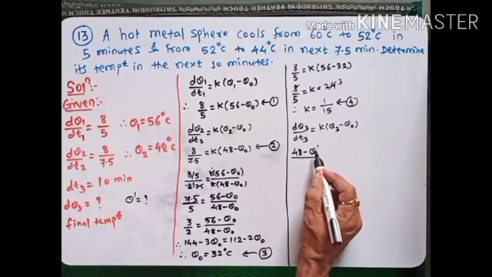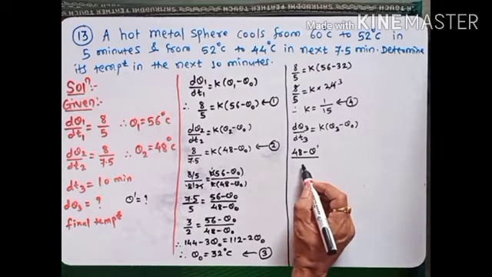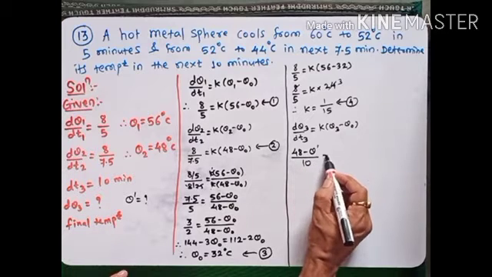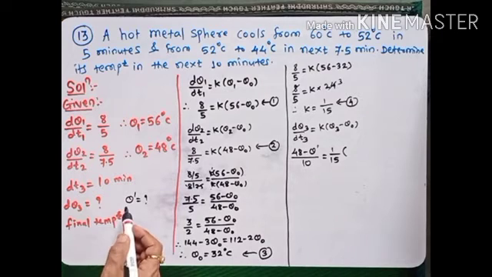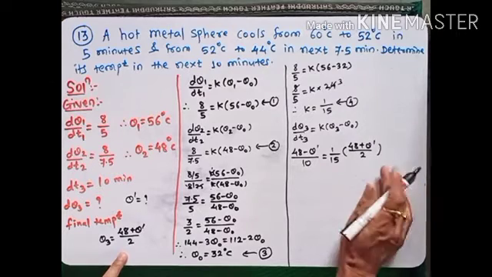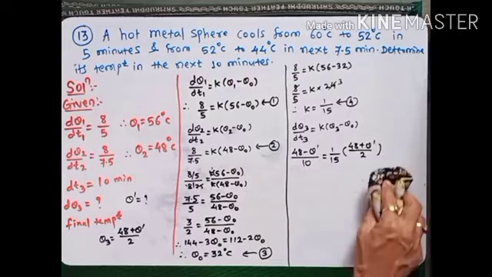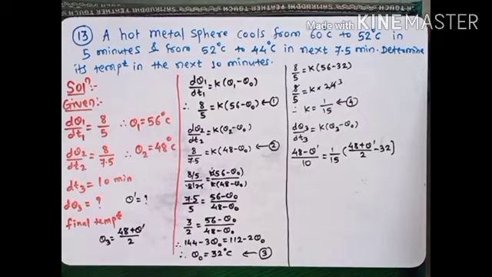This is the difference; we have to obtain theta dash also, upon dt3, which is given as 10. This is equal to, putting the value of K, 1 upon 15. Theta 3 means we can write 48 plus theta dash upon 2, the mean temperature. We put this value 48 plus theta dash upon 2, and minus this 32. Okay, now we will solve this.